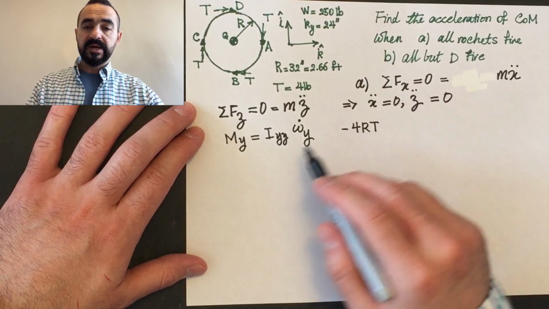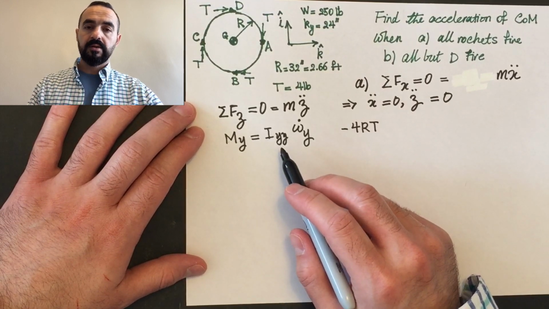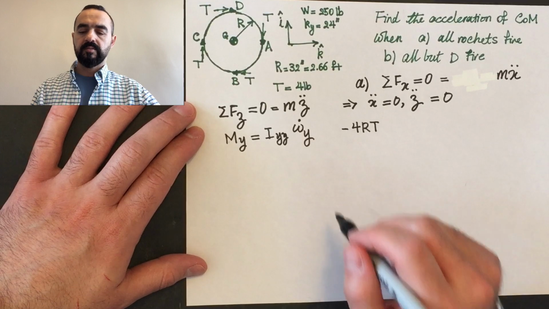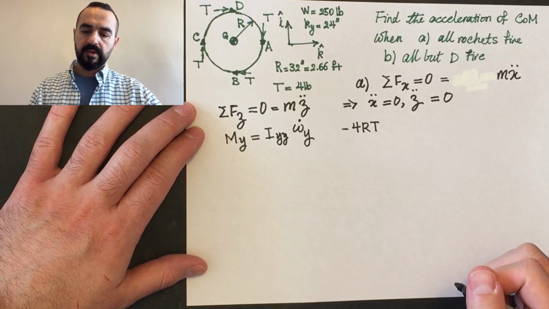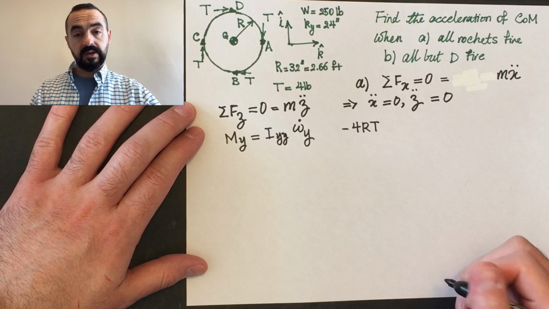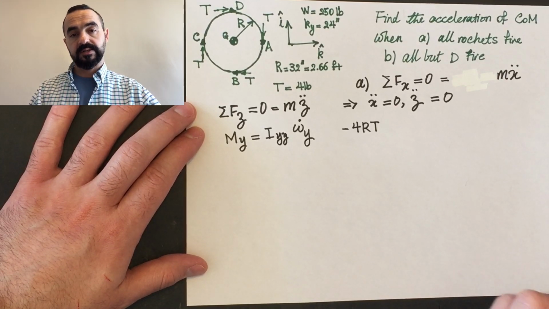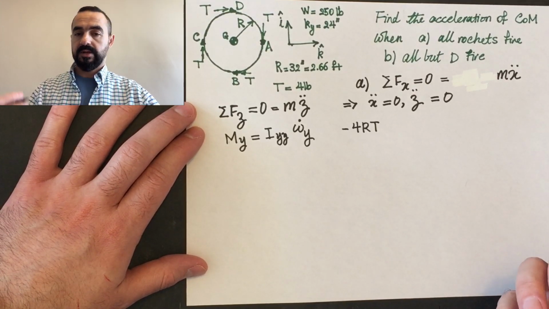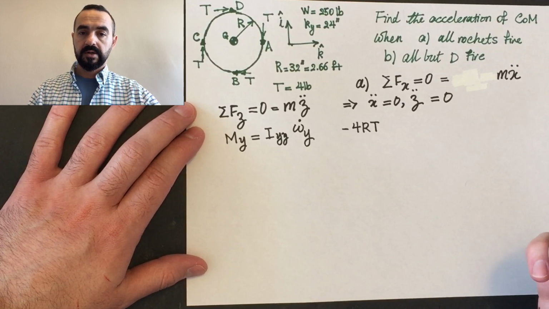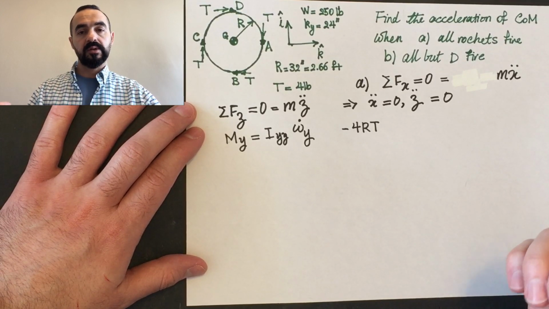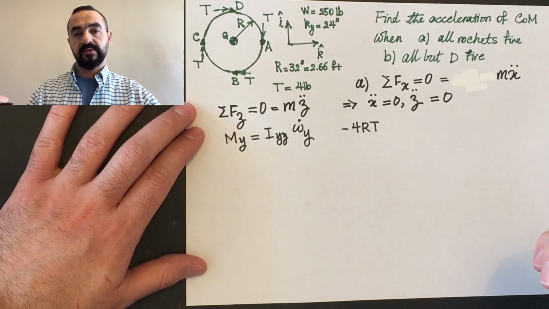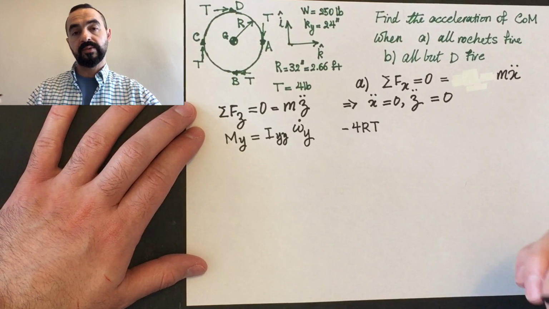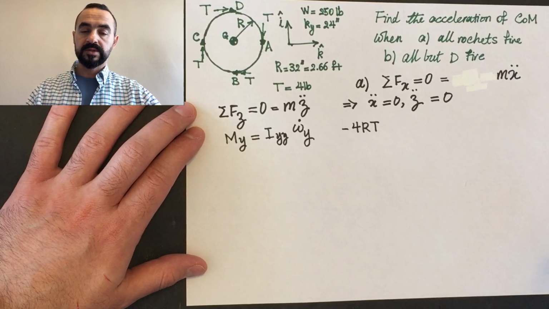And then next we're missing mass moment of inertia. How do we compute mass moment of inertia? Let's say we don't have access to tables. At the end of any textbook, there is a table where you can see the definition of mass moment of inertia and how you would compute that for common geometries.